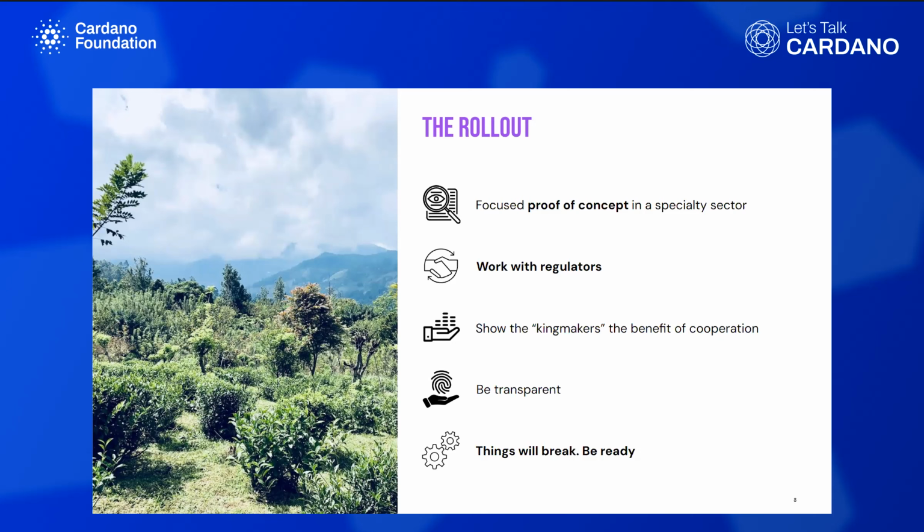Show the kingmakers the benefit of cooperation. Again, it's almost the same thing here. There already are kingmakers in a lot of these fields. If you want to have a path of least resistance, work with them, not against them. Not all of them are evil. Some are, not all.